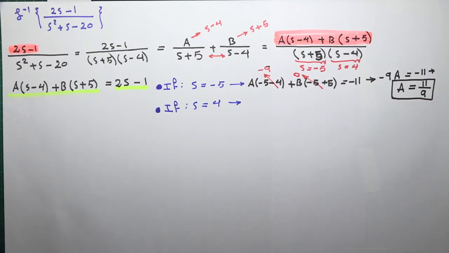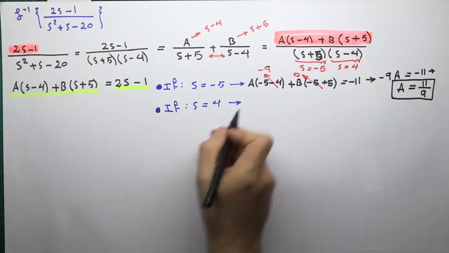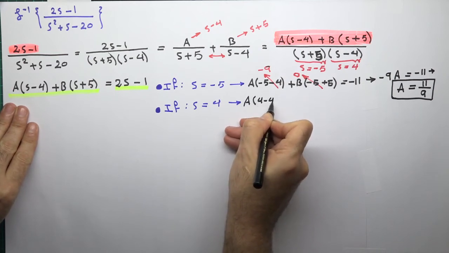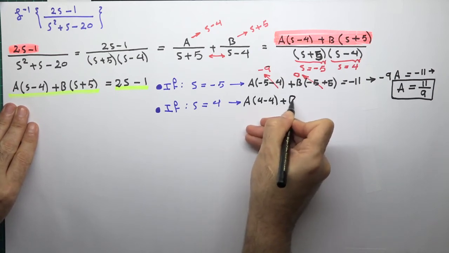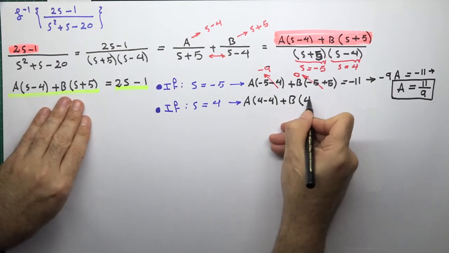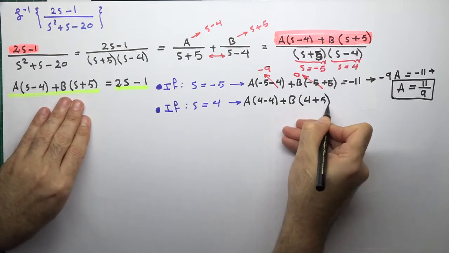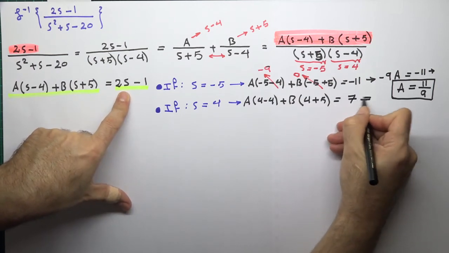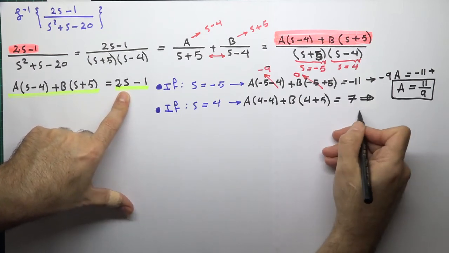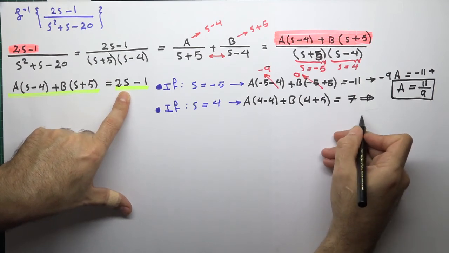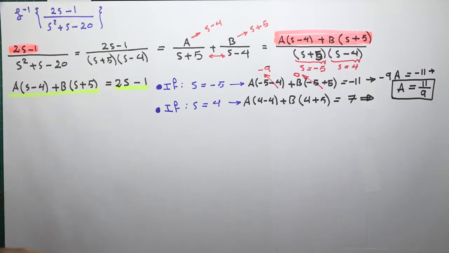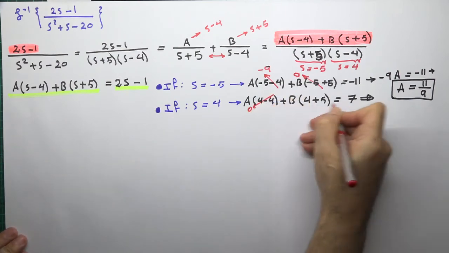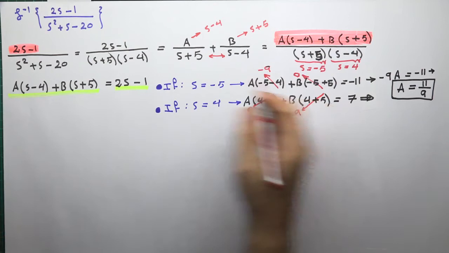And if it is 4, we have this now, A, then 4 minus 4 plus B, then 4 plus 5, and here 2 times 4, 8 minus 1, 7. So what we have, I will write here. What we have now, of course, this is 0, no doubt, and this is 9.